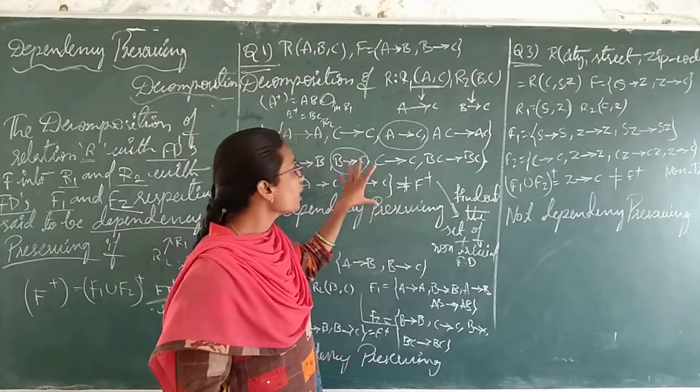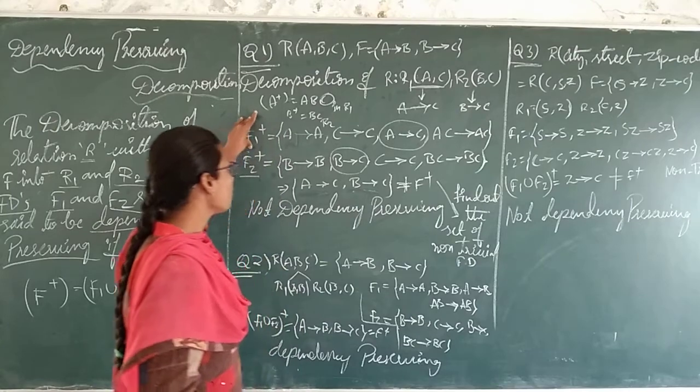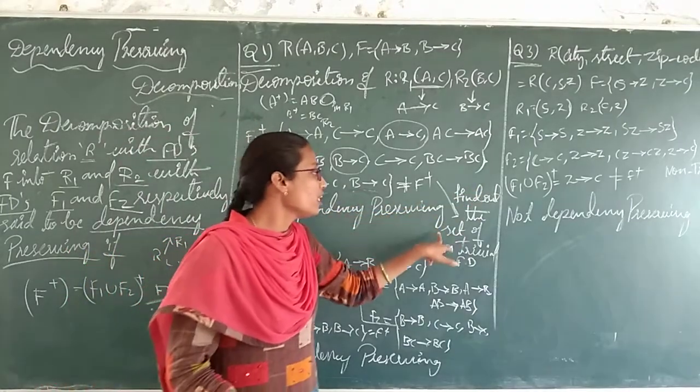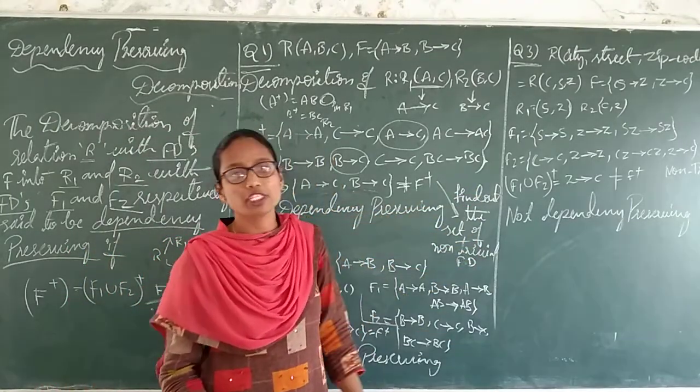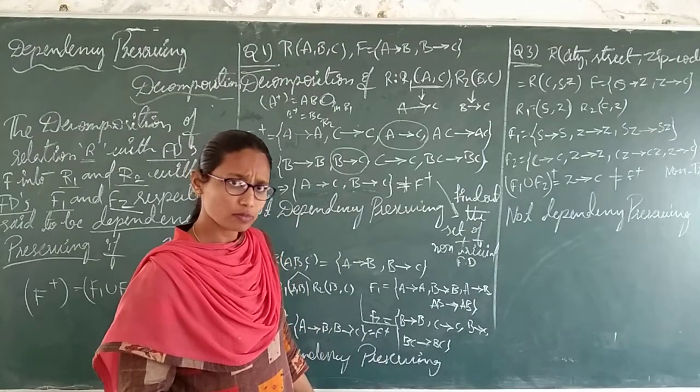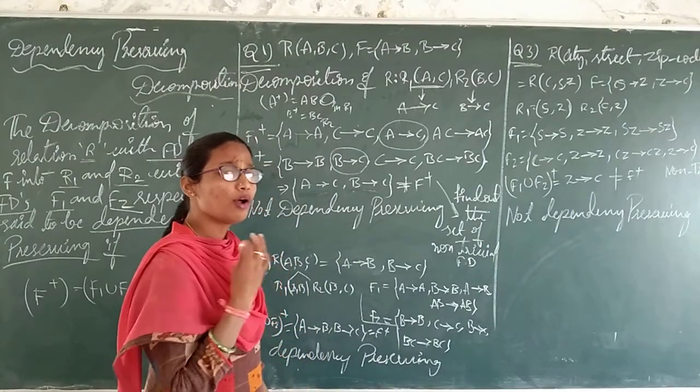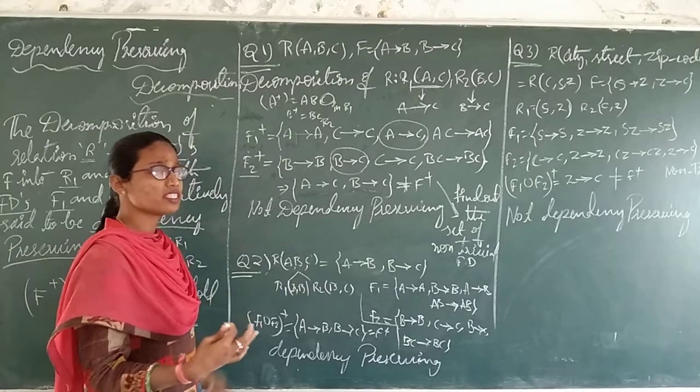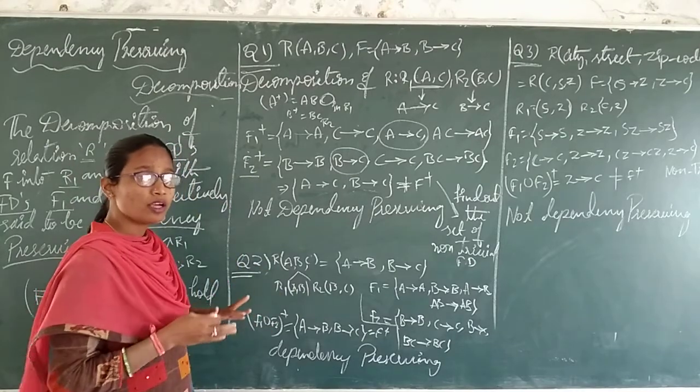We find the set of non-trivial functional dependencies in the relations F1 closure and F2 closure.